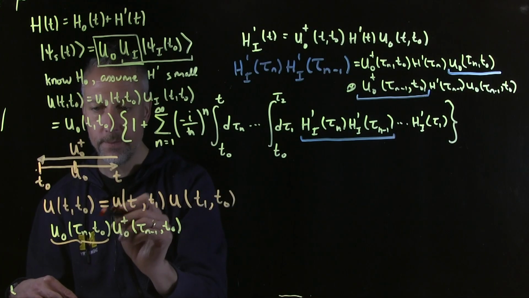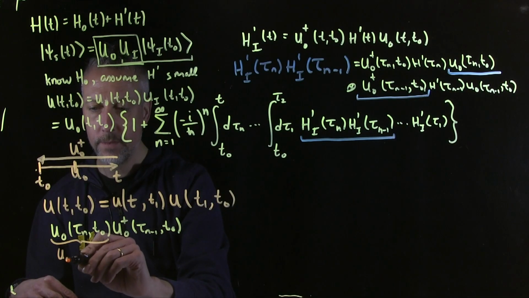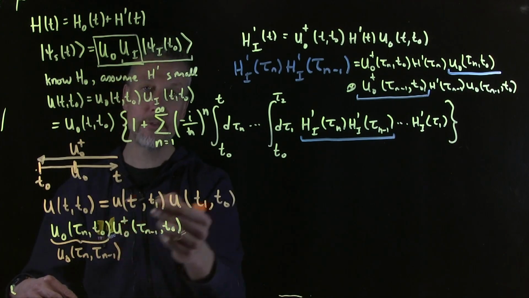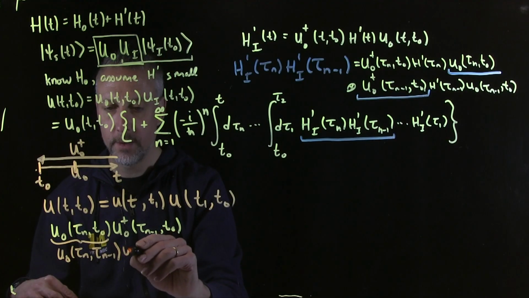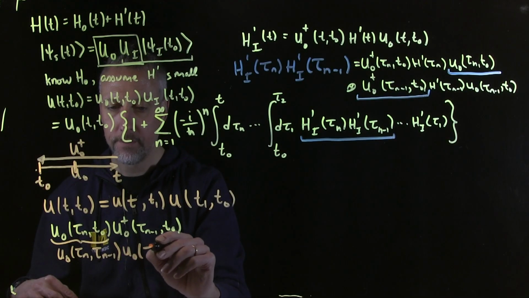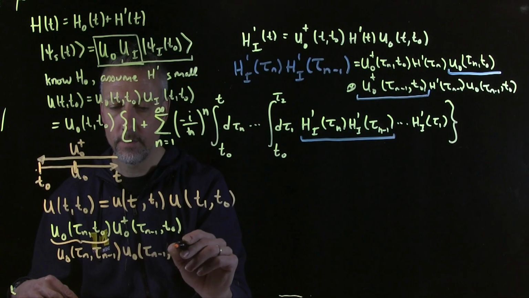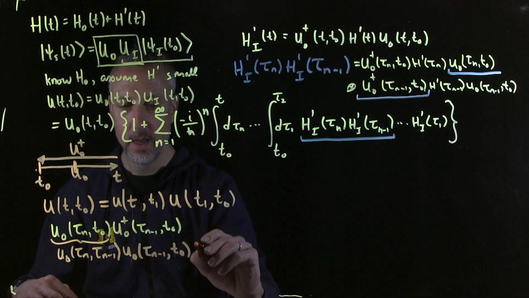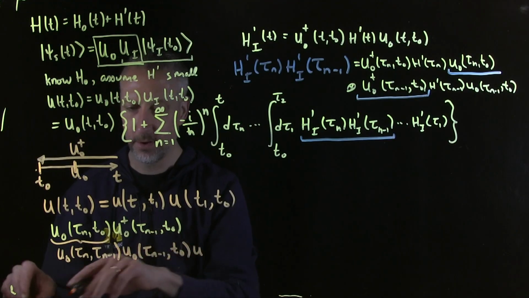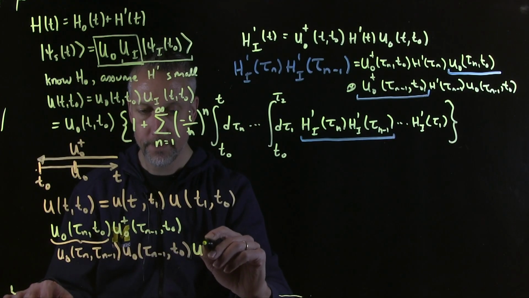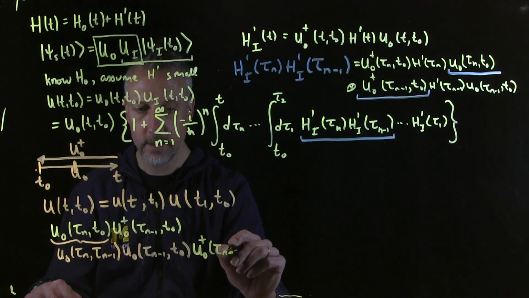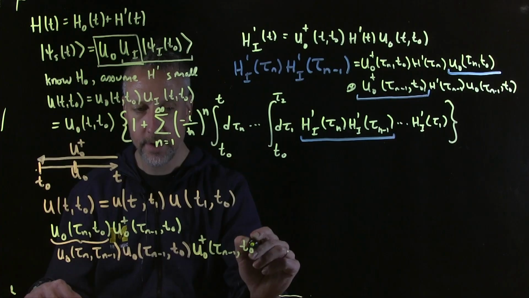Just like we did here into u naught tau n minus 1, that's the last bit after we get to tau n, and then u naught tau n minus 1 t naught, the starting point all the way up to tau n minus 1. Then we have the second term, u naught dagger tau n minus 1 t naught.